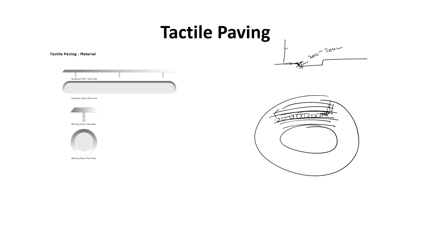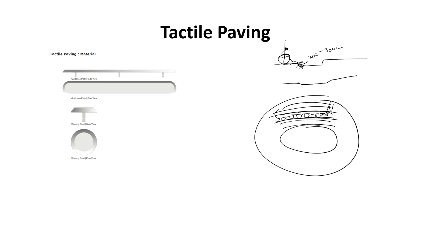For any wheelchair person, it becomes very difficult to pass this movement. For such spaces, it is advised to make this path in such a way that this movement becomes smooth.